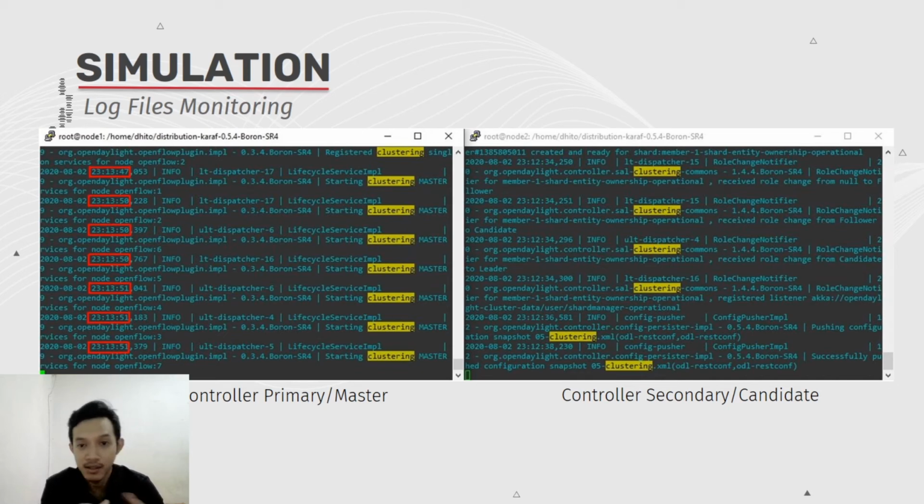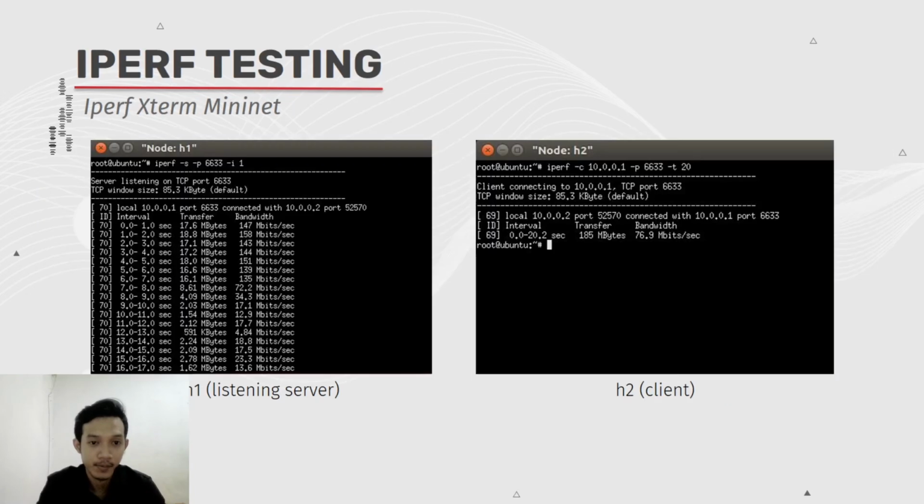When there is a displacement in network performance from the primary controller to the secondary controller, the time will appear, indicating the failover or failback. Here is the capture after generating background traffic with iperf in Mininet from client to server, with host 2 as the client and host 1 as the server.